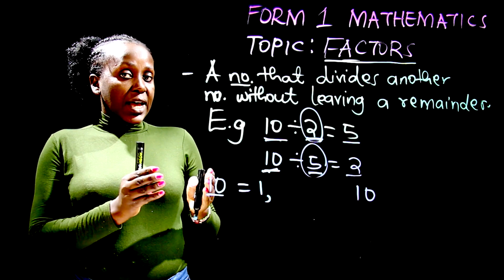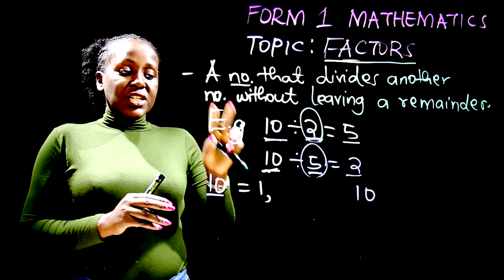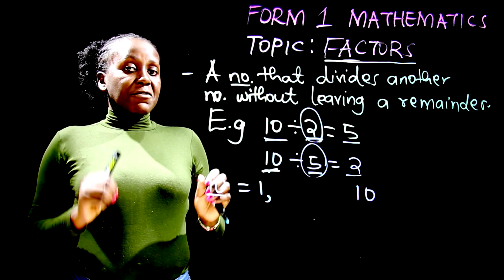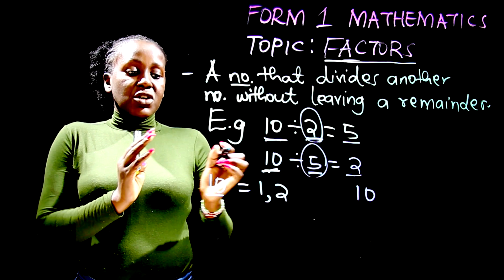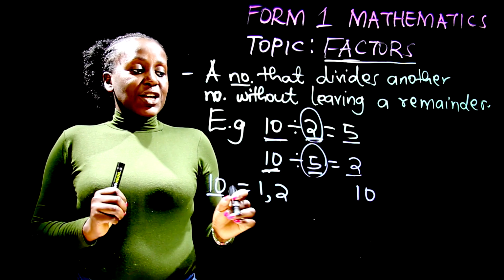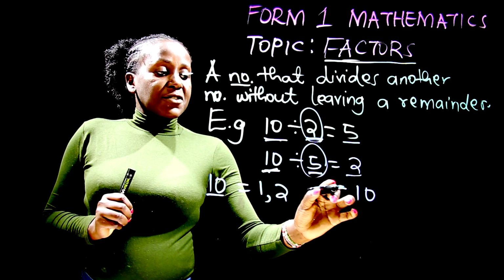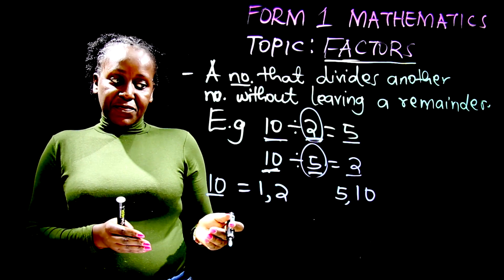So we do 10 divided by 2, we get 5. Now since 2 can divide 10 perfectly, then it means that 2 is a factor of 10. And when you divide 10 by 2, what do you get? You get 5, meaning that 5 is also a factor of 10.